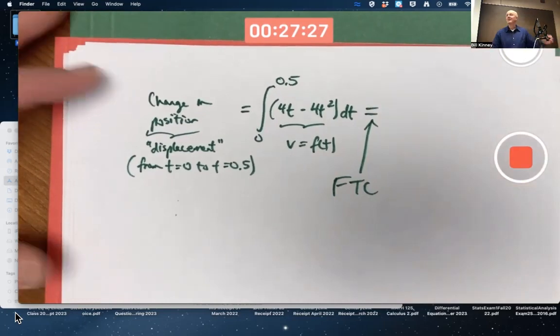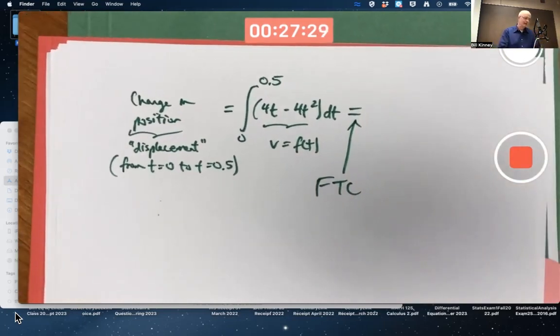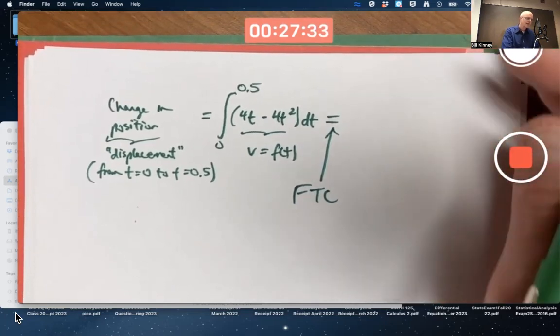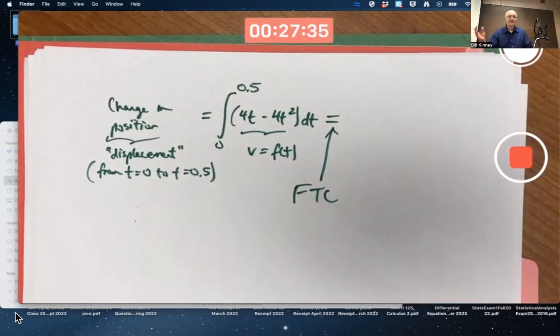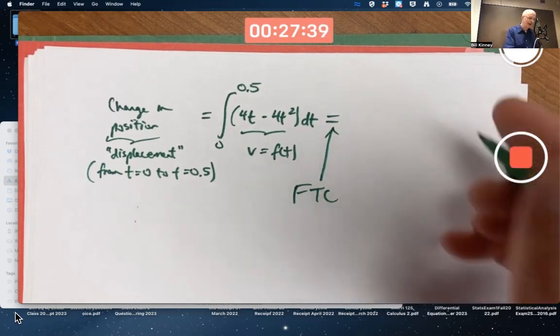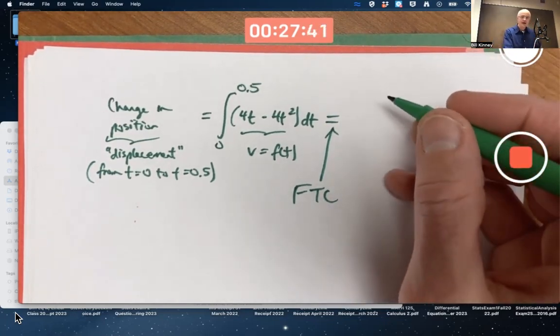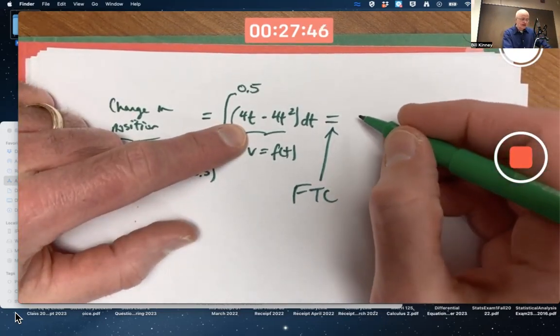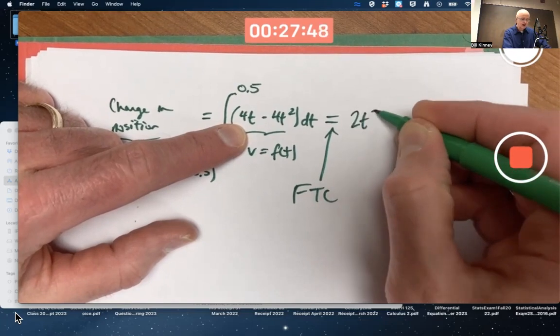FTC. Fundamental theorem of calculus says to do a definite integral like this, find an antiderivative. Integral of 4t is 2t squared, right?